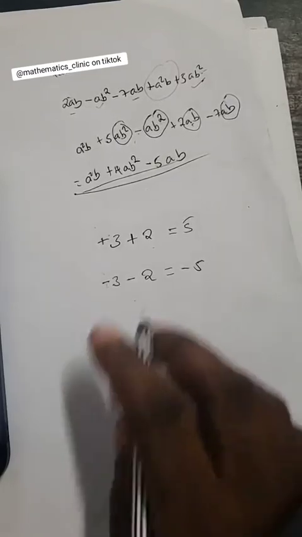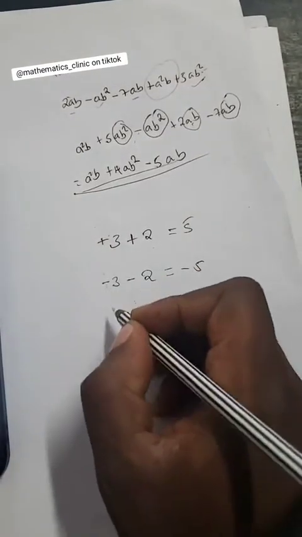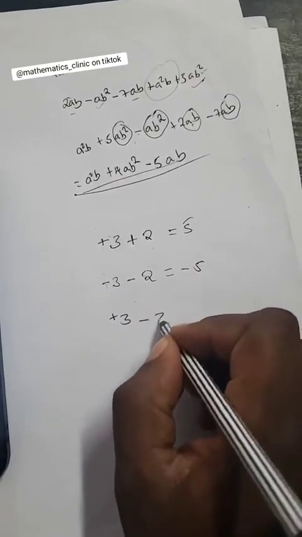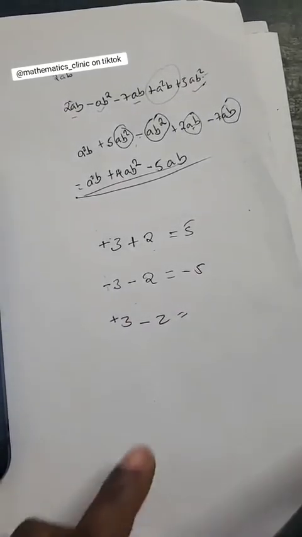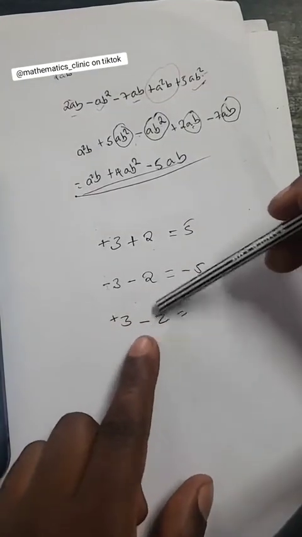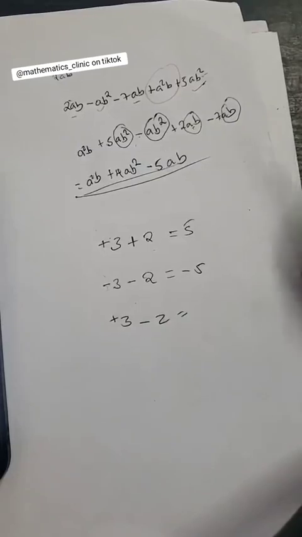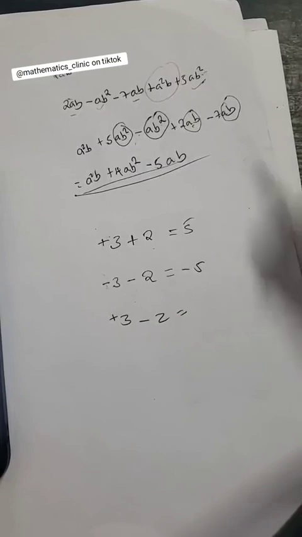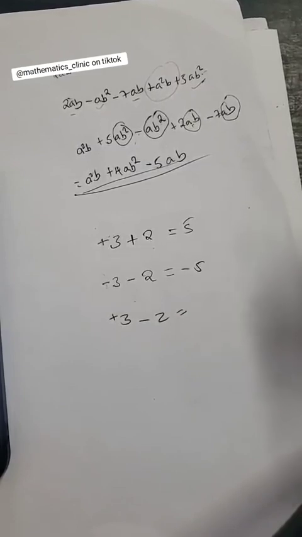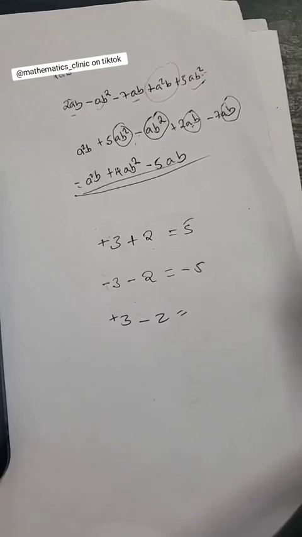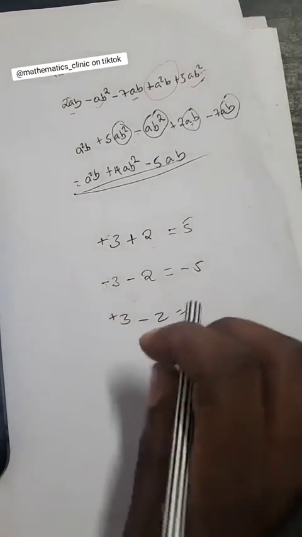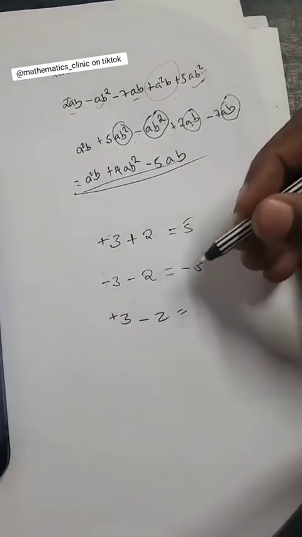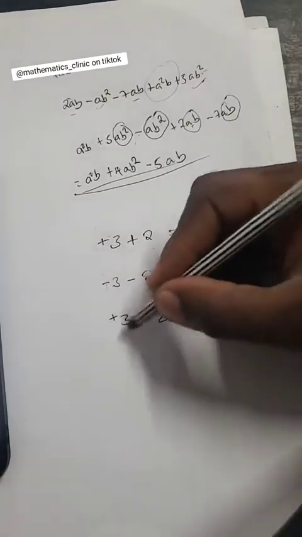Then let's say we change the sign. Let's say the first one is positive and the second one is negative. Because one is positive and one is negative, we subtract. The one with the bigger number is the one that carries the sign. So we say 3 minus 2 is 1. Is it positive or negative? It is positive because 3 is the bigger number.